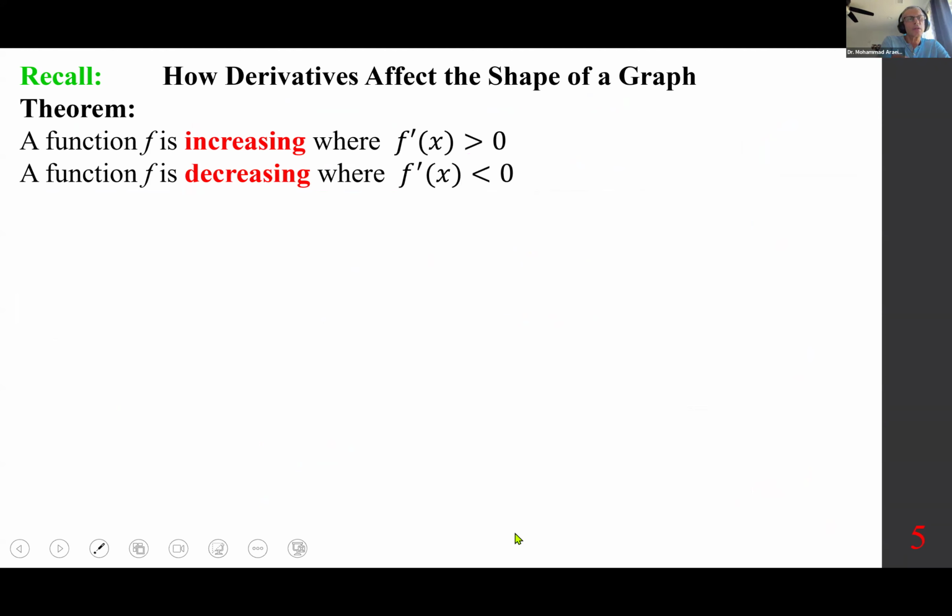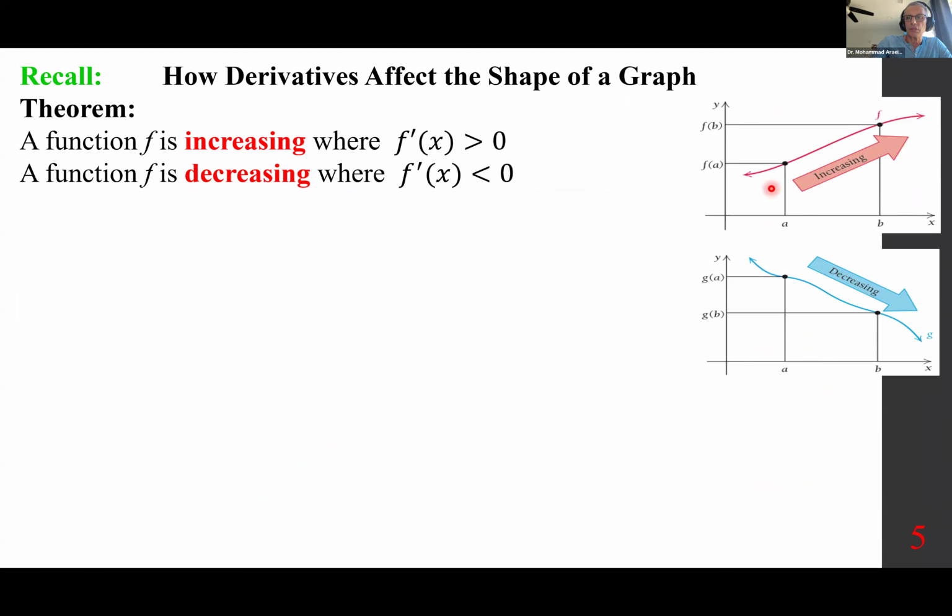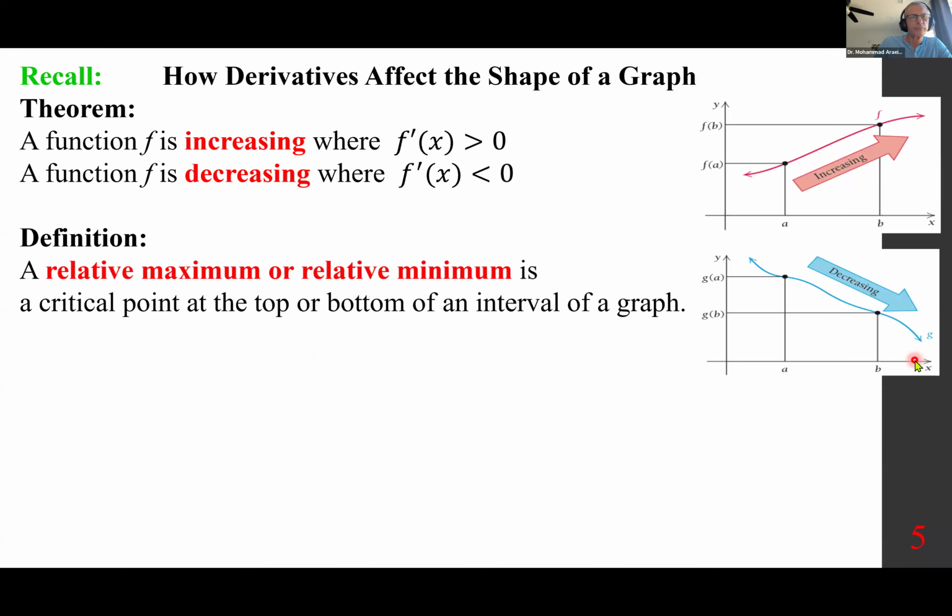Also, how derivatives affect the shape of a graph. Reminding you, theorem, a function is increasing when f prime is positive, decreasing when it's negative. So increasing, decreasing. A relative maximum or relative minimum is a critical point at the top or bottom of an interval of a graph, peaks and valleys.